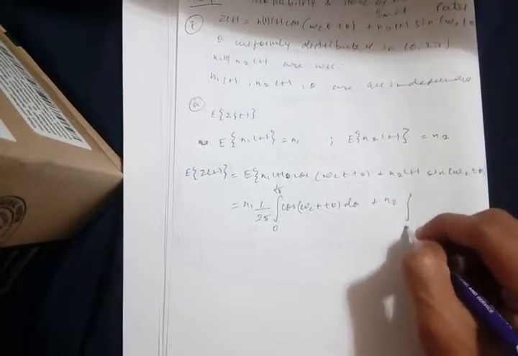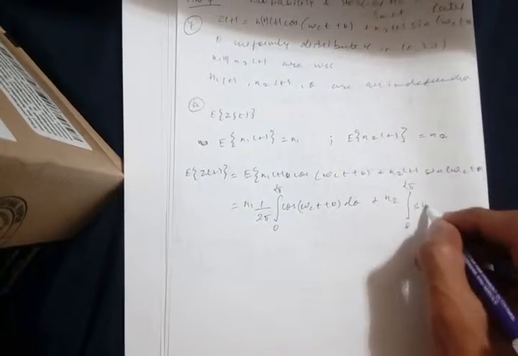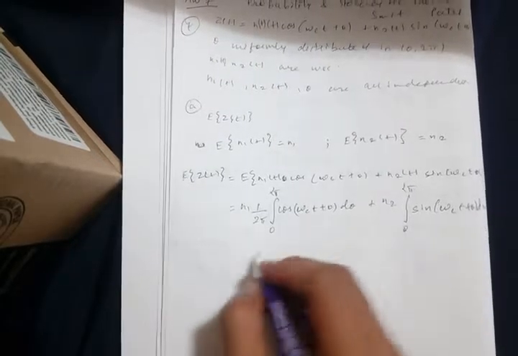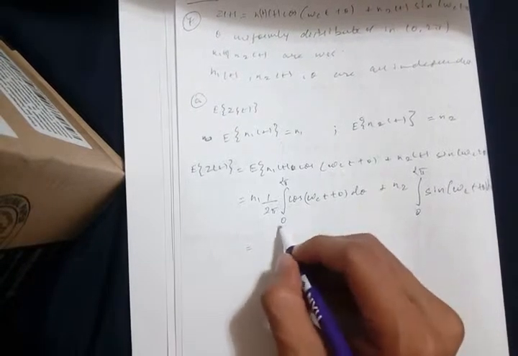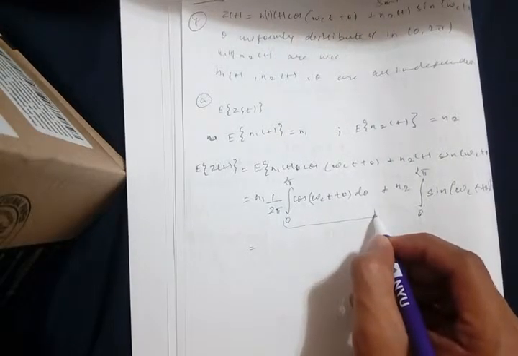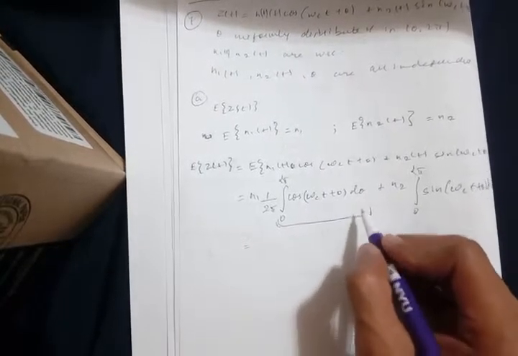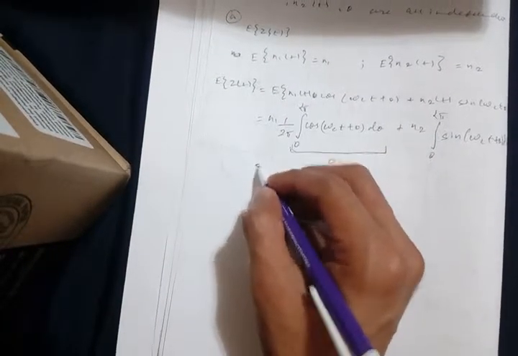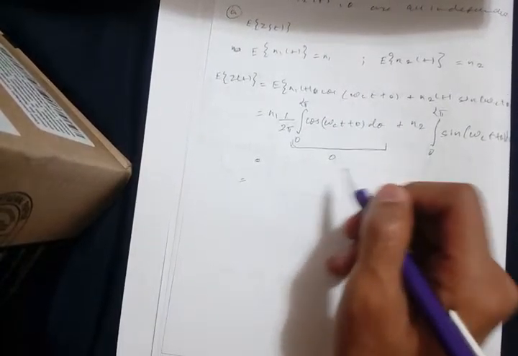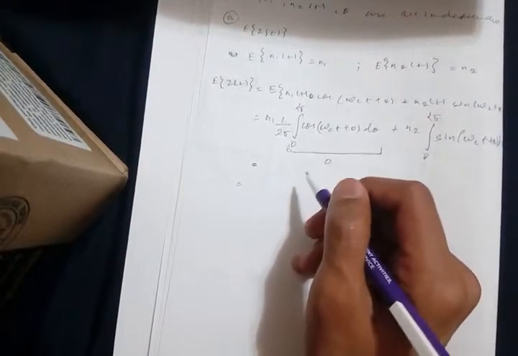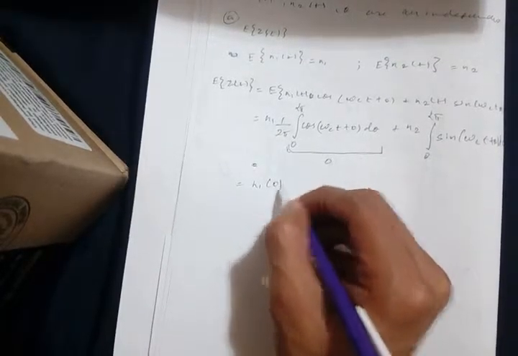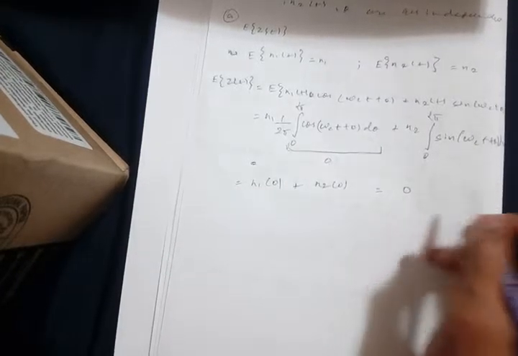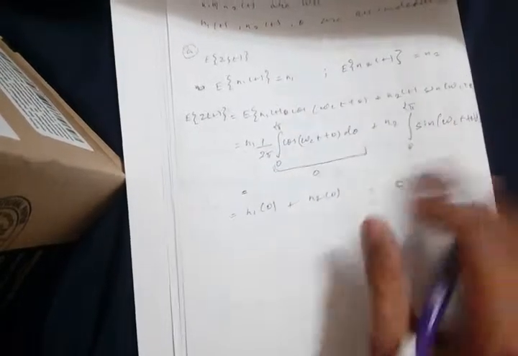Similarly for the next term, the sine function. Due to the symmetry, its value over the entire region is going to cancel, the positive and the negative parts. So its integral over the range 0 to 2 pi is going to be 0. So this is 0 and this is n2 into 0, so this is 0. So the expected value of z of t is 0.